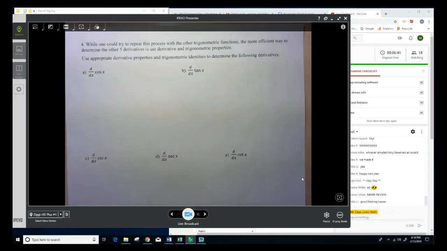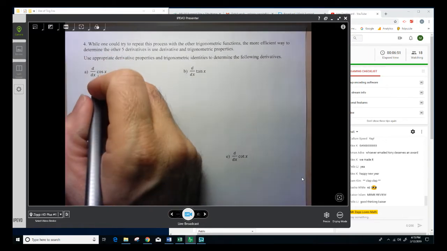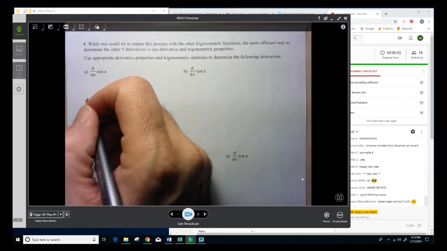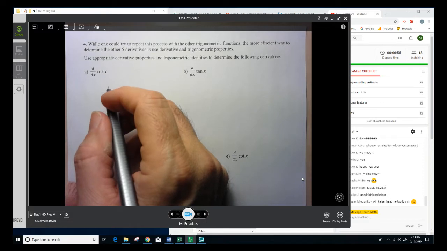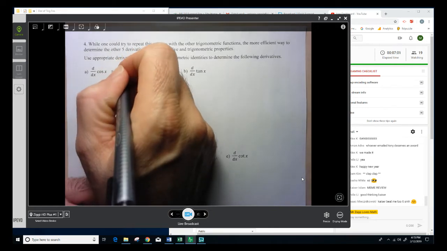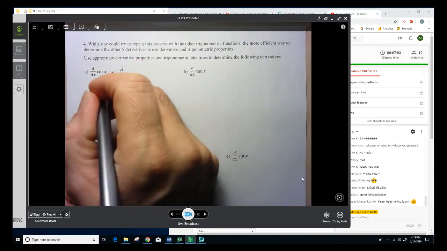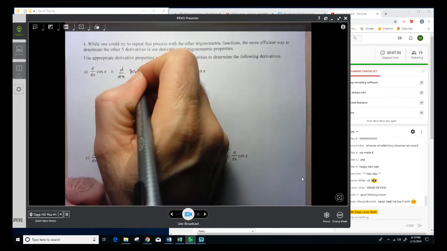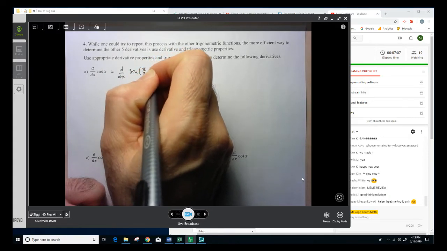Hopefully we haven't forgotten all those great trig identities that we learned in the last course. There's a bunch of identities that relate cos x to sine x, and we can use any one of them. I'm going to use the easiest of them all: we can rewrite cos x as sine of pi over 2 minus x.